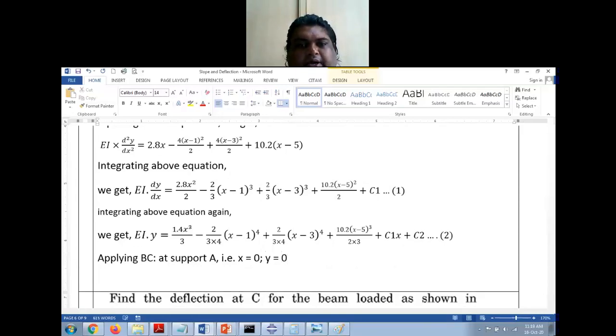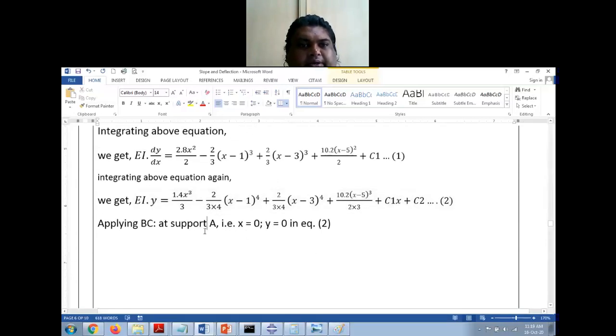Right? So I have to apply this boundary condition. Where should I apply? I will apply in equation 2, so that my left hand side becomes 0 and I can find either C1 or C2 from this. Right? So in equation 2.